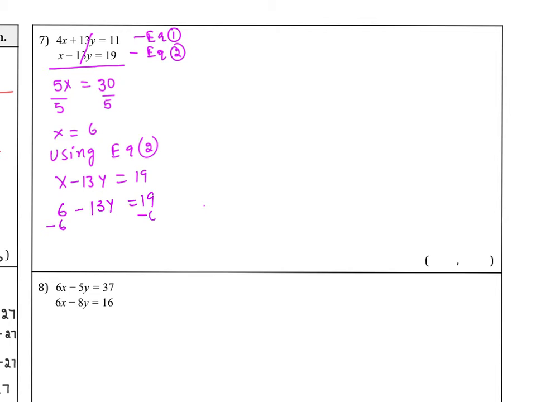Subtract 6 on both sides. Negative 13y equals 13. Divide by negative 13, you get y equals negative 1. So writing it in coordinate form, 6 comma negative 1 is your answer.